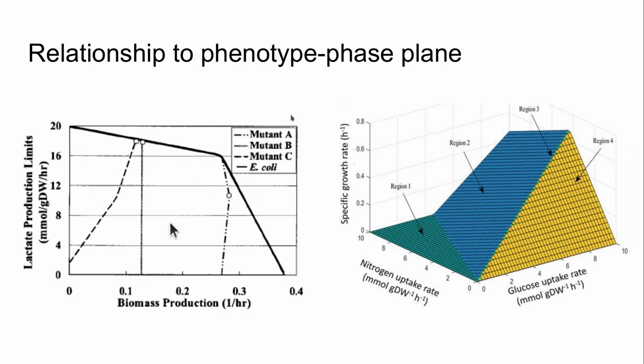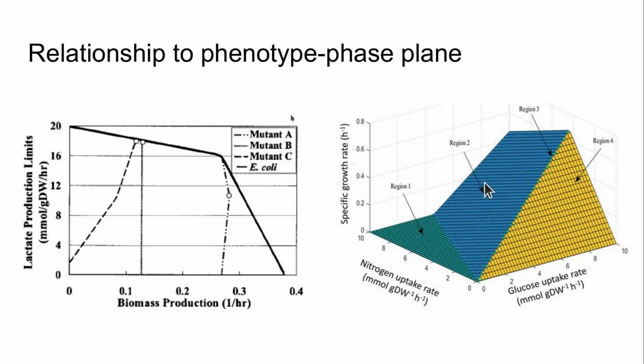You would have an area of space bounded by a plane above and a plane below, and also on the side here, since the biomass production is irreversible. In this three-dimensional production envelope, we would have an upper bound and a lower bound, and the upper bound would be the same as our phenotype phase plane, because that is essentially what's being told here, right?